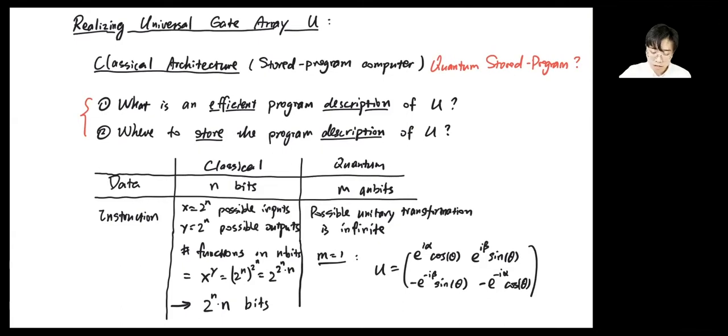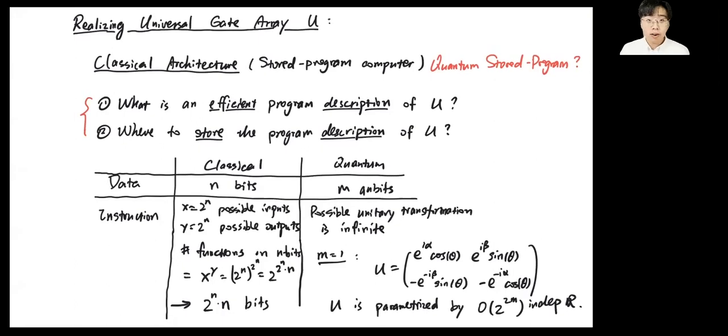And in general, for arbitrary m, U is parameterized by order of 2 to the 2m independent real numbers.